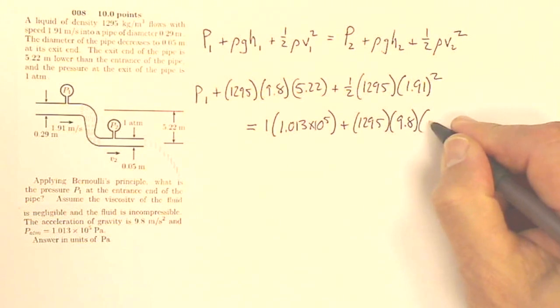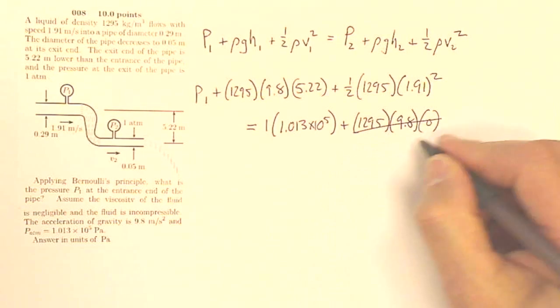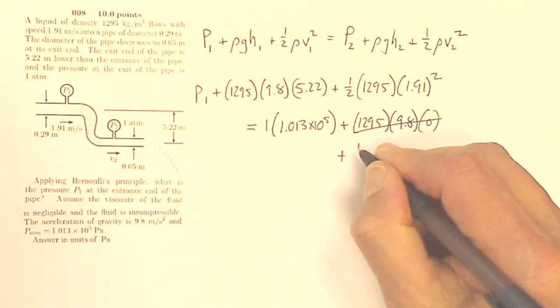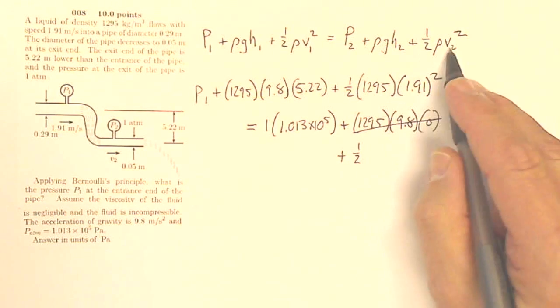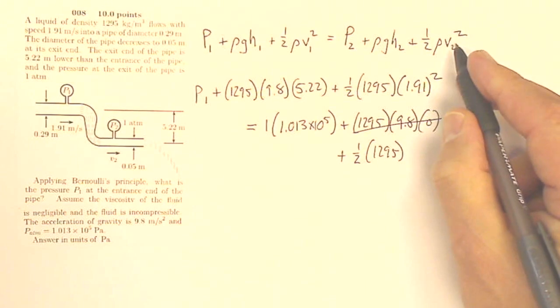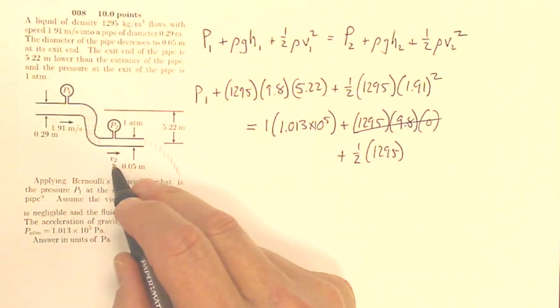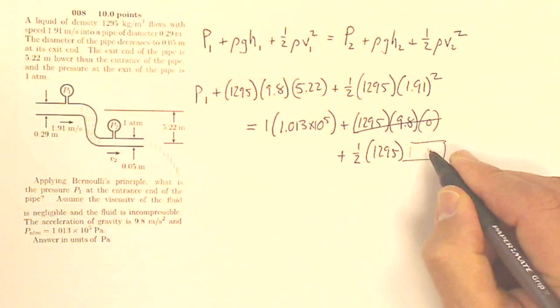So this term actually goes away. Plus 1/2 rho v squared, so that's 1/2 of 1295 times v2 squared. Well, I've got to solve for v2 before I can plug this in, so I'll leave that blank here.